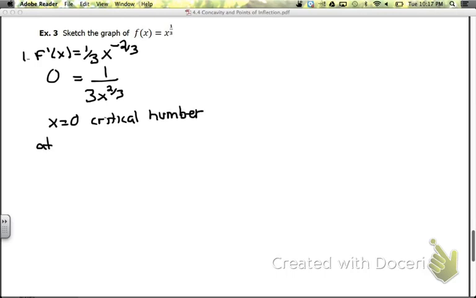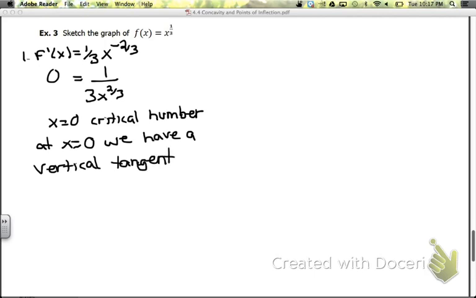However, at x equals 0, we are going to have a vertical tangent, because if I subbed in 0 here, that's going to make the whole function not exist. So I know that it's going to be a vertical tangent here.